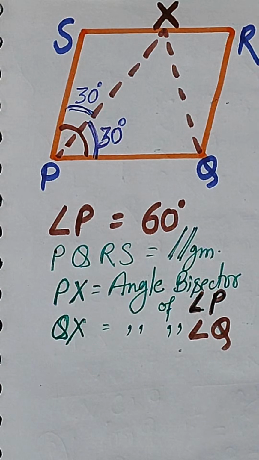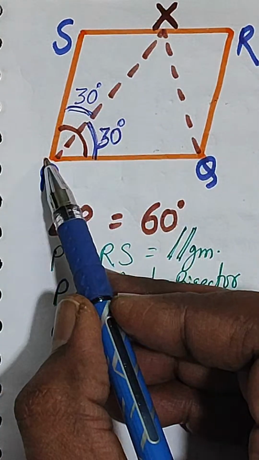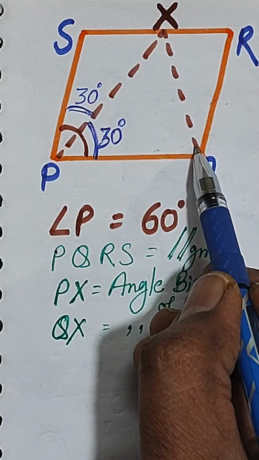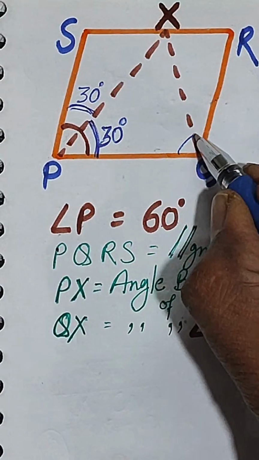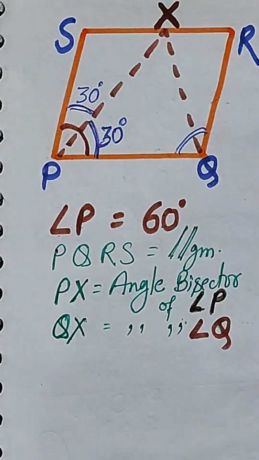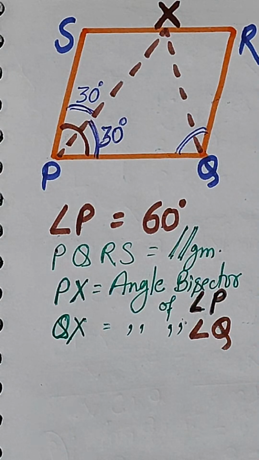Now you can see the sum of co-interior angles of a parallelogram is 180 degrees. So if angle P is 60 degrees, angle Q is 120 degrees.